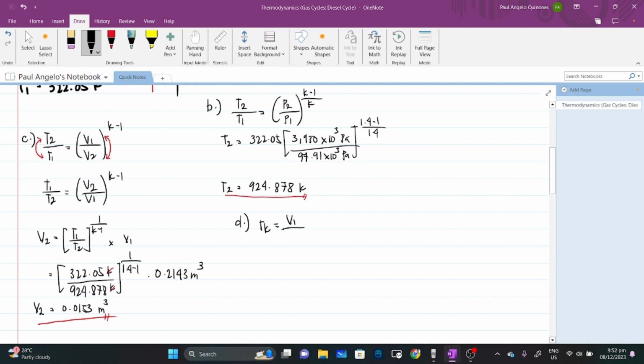That is given by V1 over V2, or simply our V1 is 0.2143 cubic meters all over V sub 2, which is 0.0153 cubic meters.